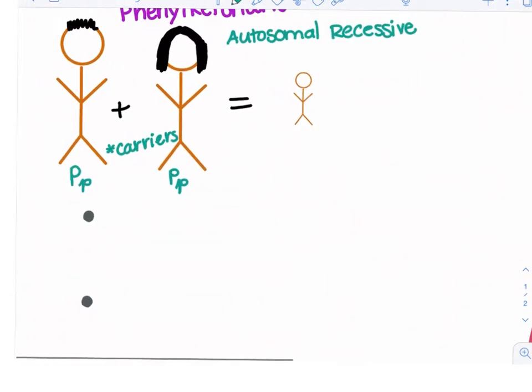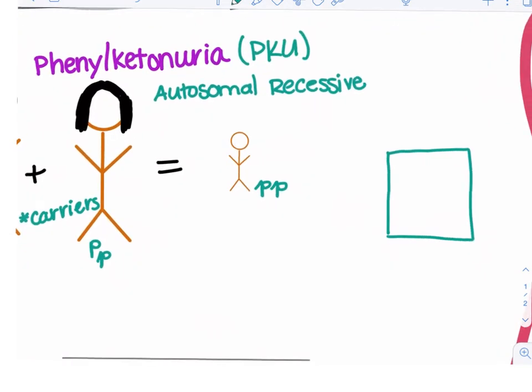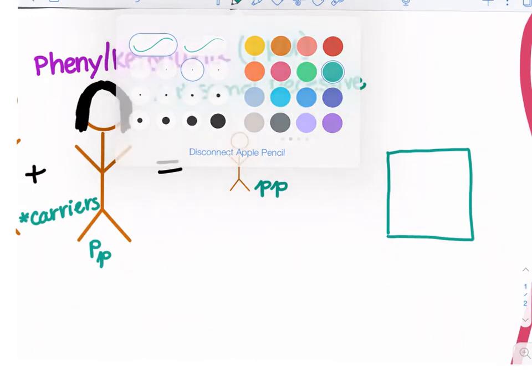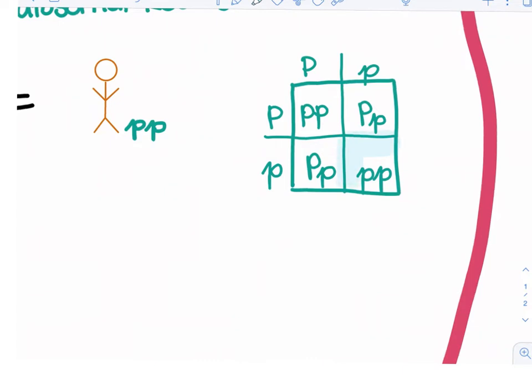They could have a child that has PKU. This is abbreviated as PKU because phenylketonuria is a little bit tricky to say. So if both parents are a carrier, we can figure out the probability of them having a child with PKU. And this is one of those newborn screenings. They test for this before the child even leaves the hospital, right after birth.